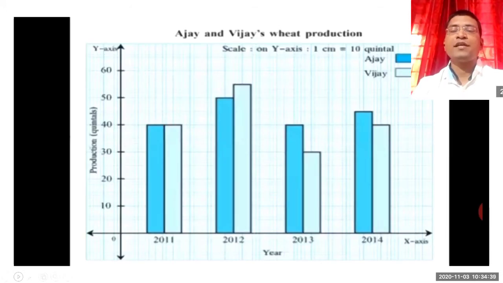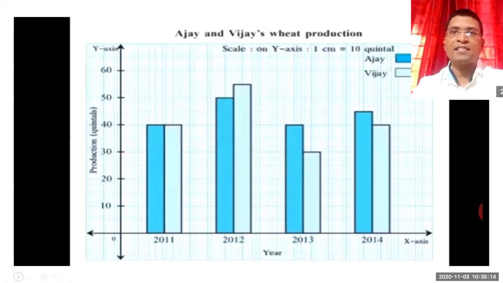So dear students, here Ajay's and Vijay's wheat production are both combined in one bar graph, and that bar graph is known as a joint bar graph, which is used to compare things between Ajay and Vijay. We will read it thoroughly. On the x-axis, the years are given: 2011, 12, 13, and 14.